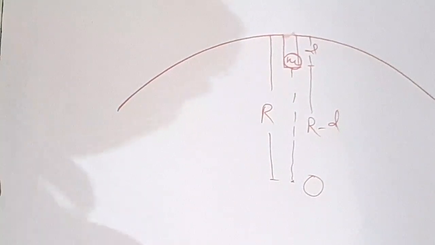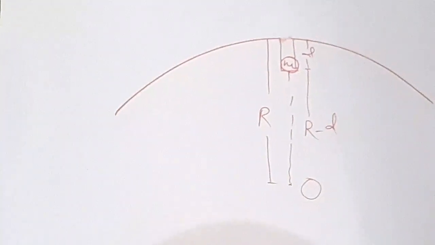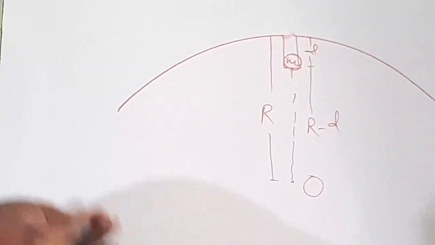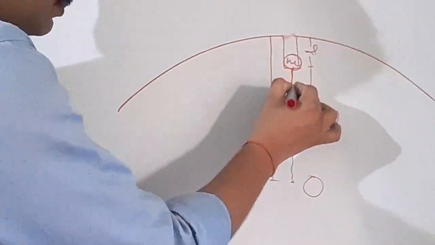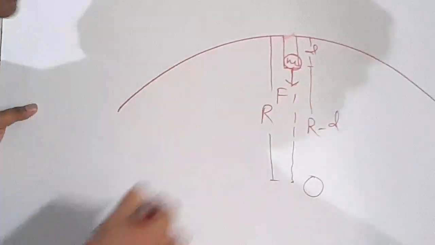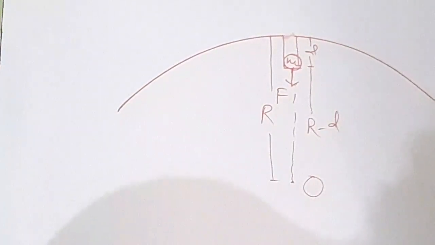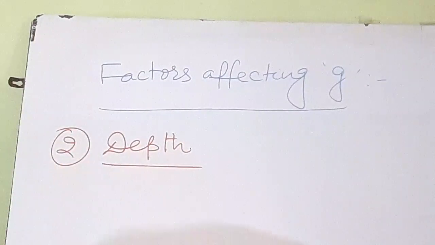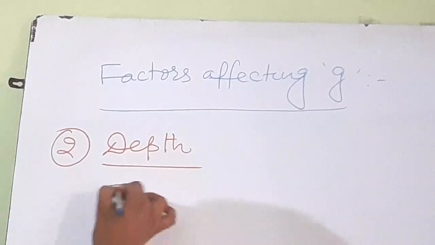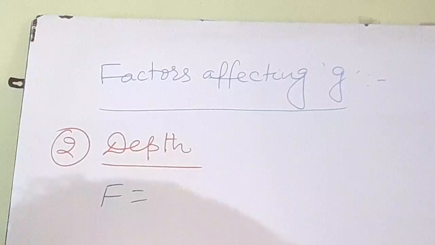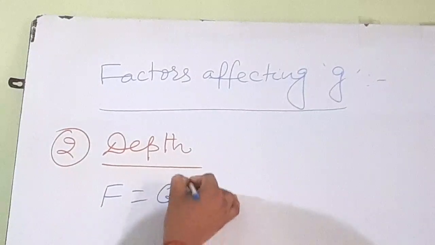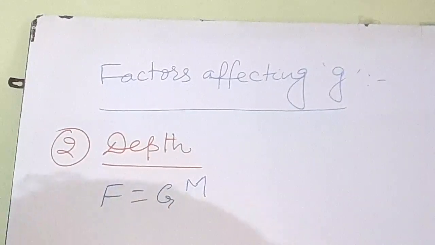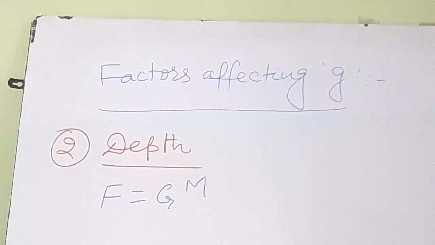Okay. So how can you calculate the force between the two bodies? You see here, force is F. So how can you calculate this force? You can calculate the force as F is equal to G M1, means M, M2, means small m, by r square.